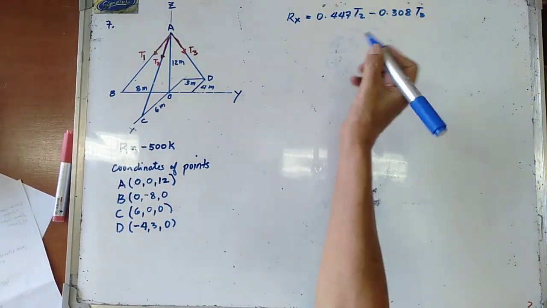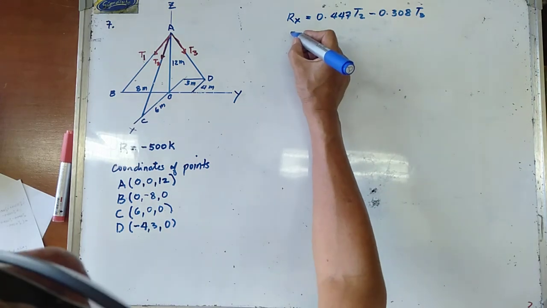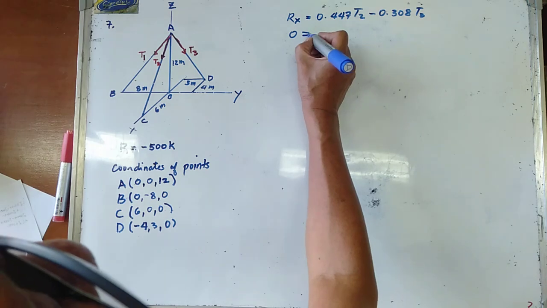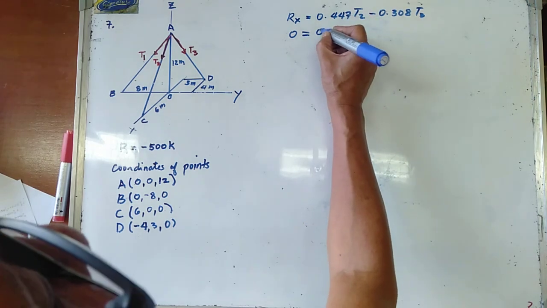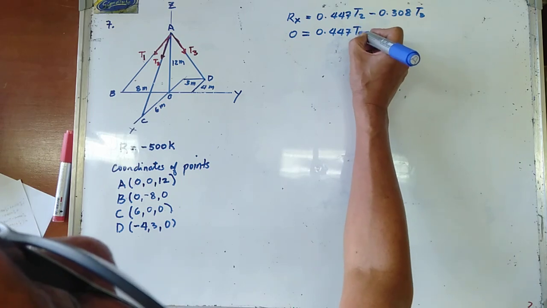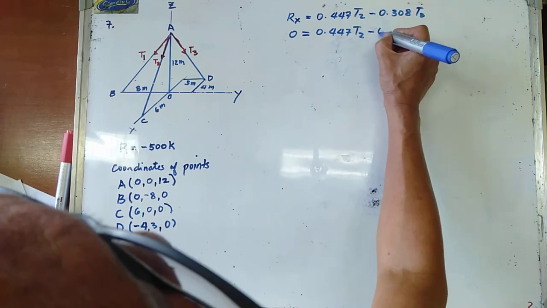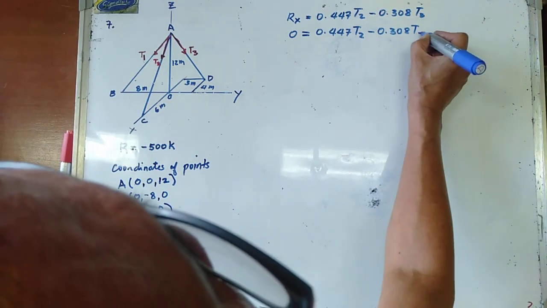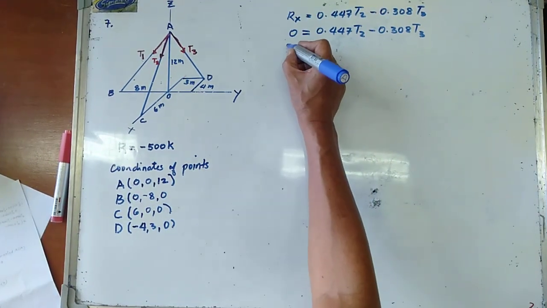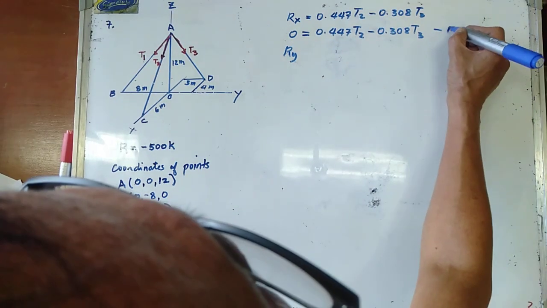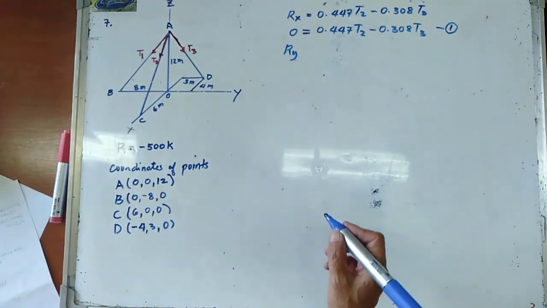Now, since Rx is equal to 0, then your Rx is 0, equal to 0.447 T sub 2 minus 0.308 T sub 3. I'm going to call this one the first equation.